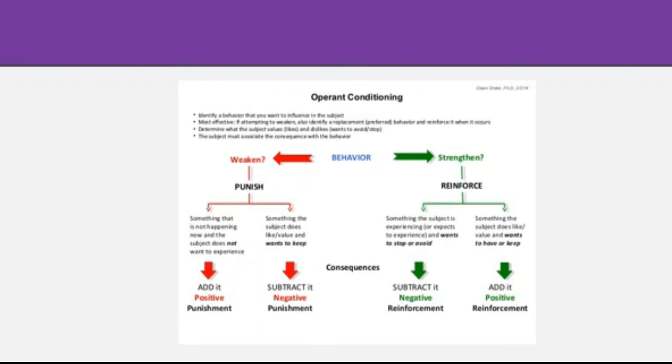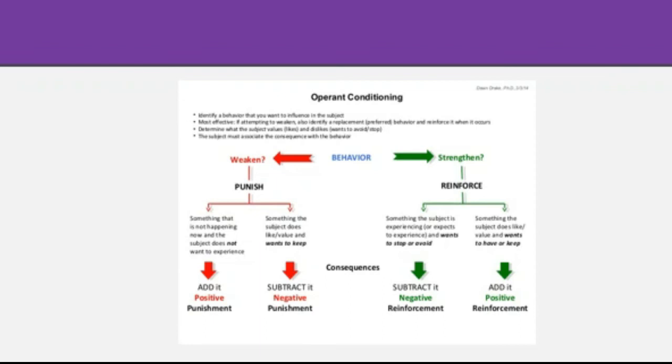Okay? So, that is something that is not happening now and the subject does not want to experience. Halimbawa, pag hindi kumain ng gulay, ang positive punishment would be pwedeng paluin mo, something like that, which is ethical, okay? Or pagalitan mo siya.